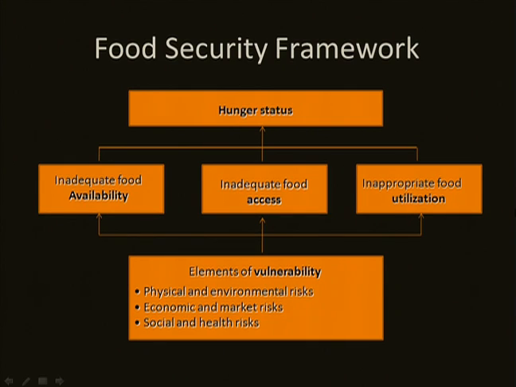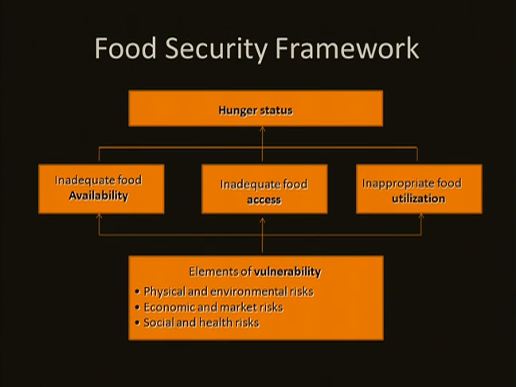Again, I'd like to bring you back to the food security framework. If you remember, one's hunger status is defined by their availability, access, utilization, and vulnerability to food or to food insecurity. So when we talk about availability, is there adequate or inadequate food available?